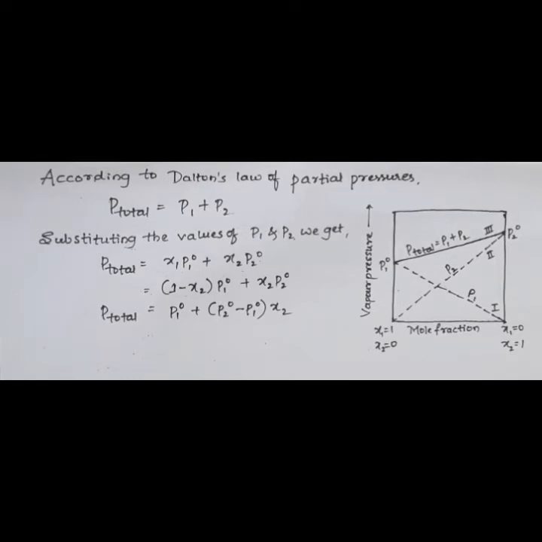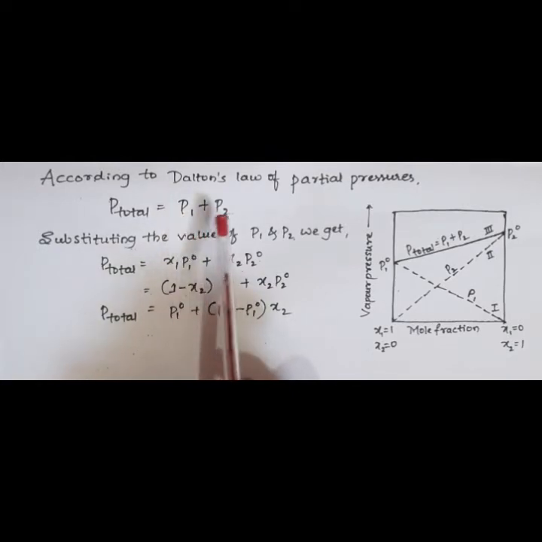So now by using Dalton's law, we have P total, that is the total vapor pressure, is equal to the partial vapor pressure of component 1 plus the partial pressure of component 2. So P1 plus P2, since there are only two components.